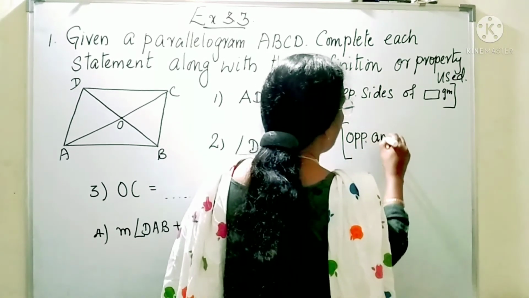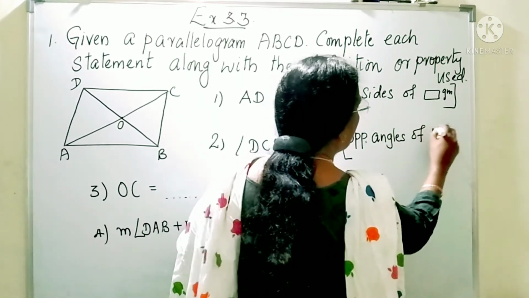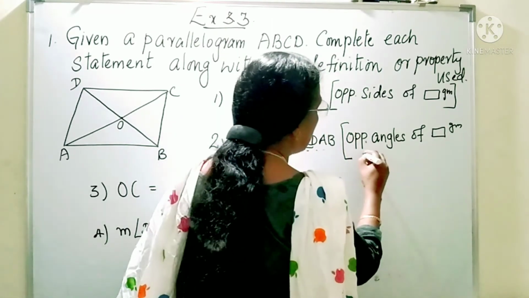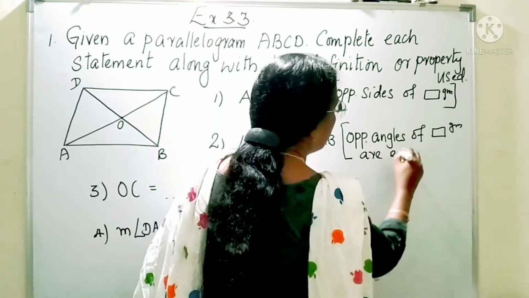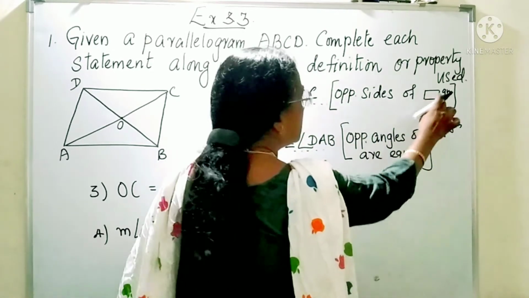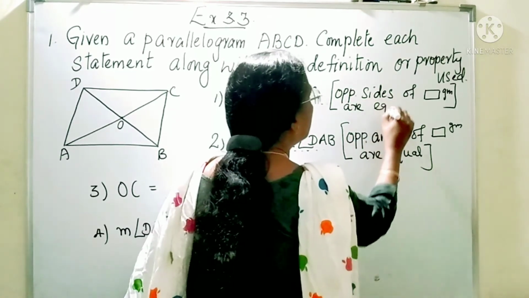Opposite angles of parallelogram. Full sentence if you want: opposite angles of parallelogram are equal. So here also, opposite angles of parallelogram are equal.